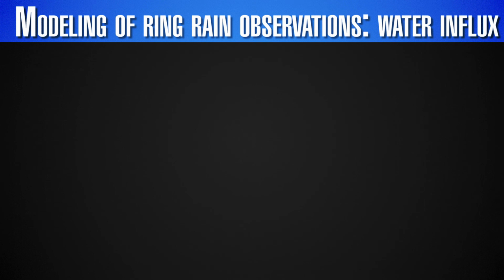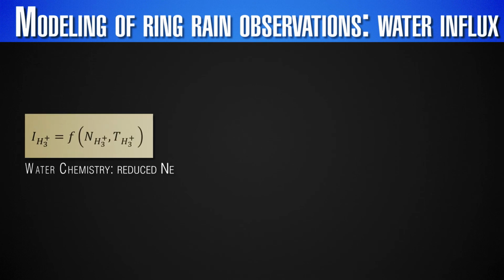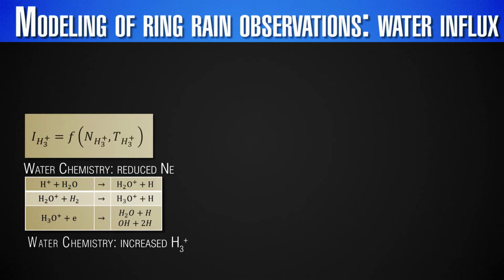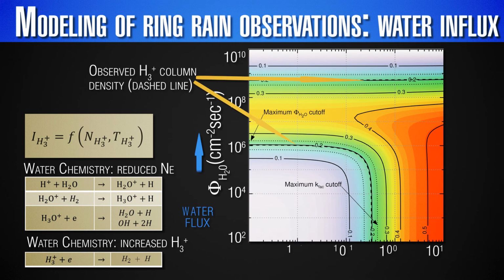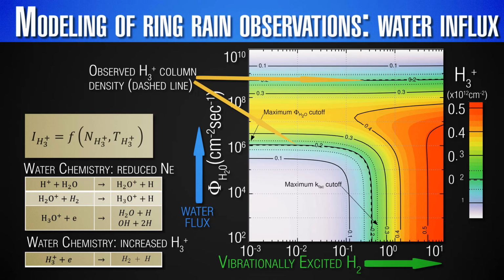So, in order to investigate how we might have additional sources of loss, we've done a lot of modeling of this process. Here's a figure that shows just an exploration of hundreds of thousands of different model simulations that explore different influxes of water from Saturn's rings, and also another loss process for H3+ that's related to ionization in the ionosphere. Here I've labeled it as vibrationally excited H2.